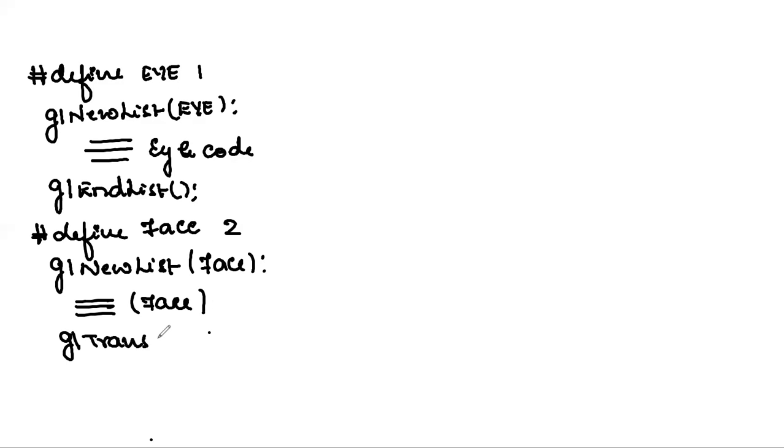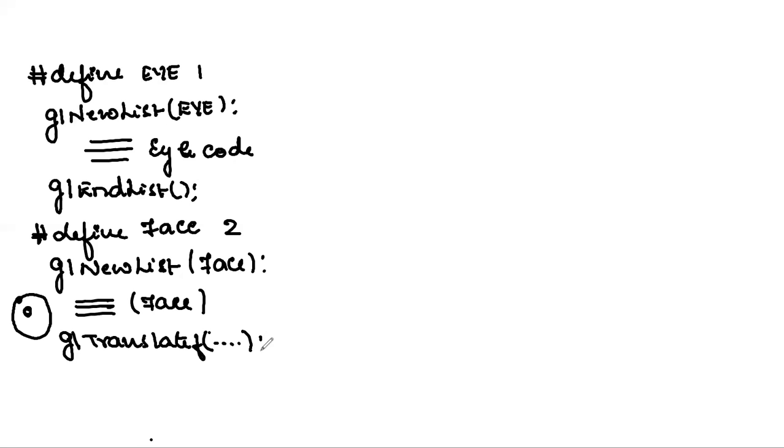Why do we need this? I need to move the cursor point to an appropriate position. If you have a face like this and you are at this point, and you want to draw the eye, then you want to move to this point. To move from here to here, we need the glTranslate function.